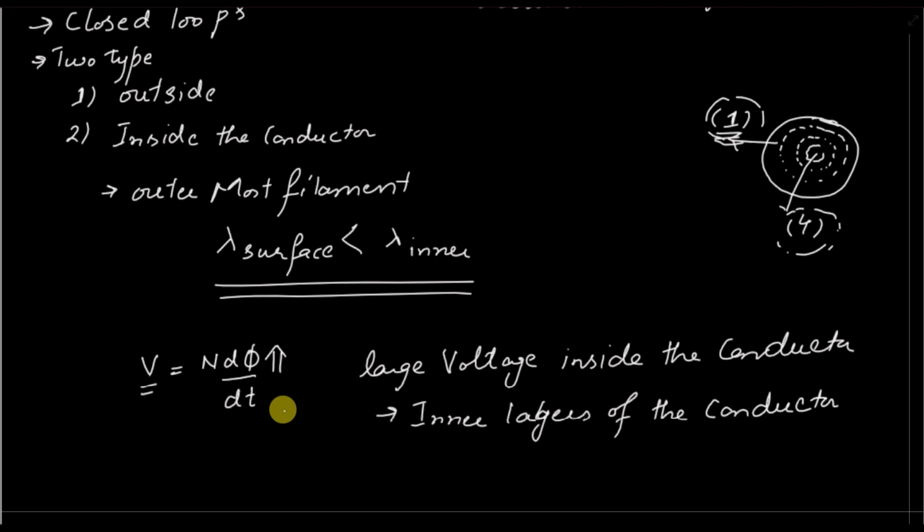As the flux linkage in layer number 4 is larger, d phi by dt will be larger, and due to large d phi by dt, the induced voltage will be larger.